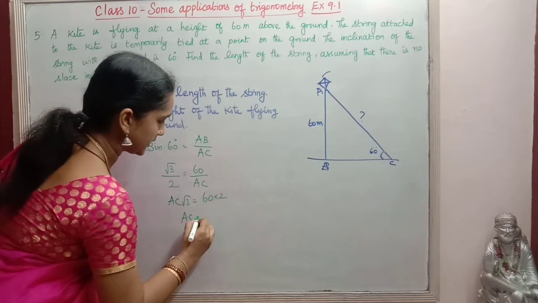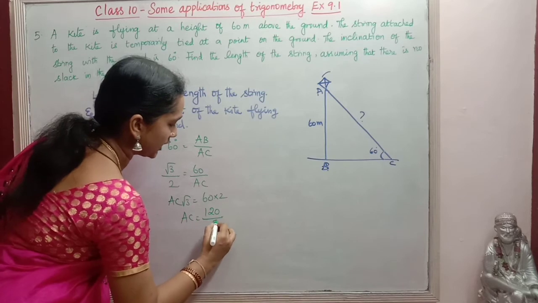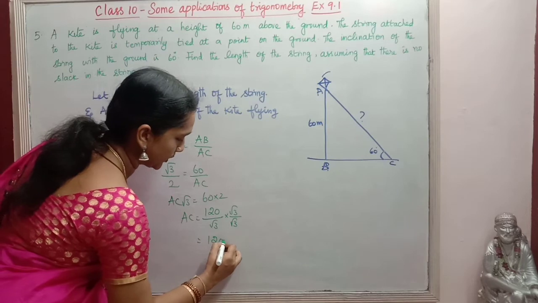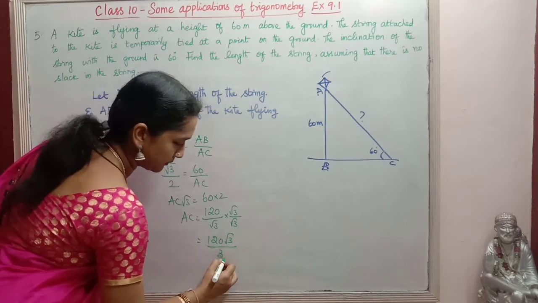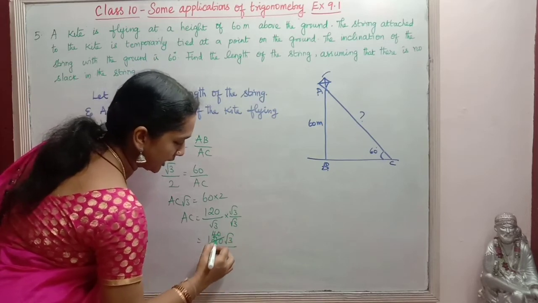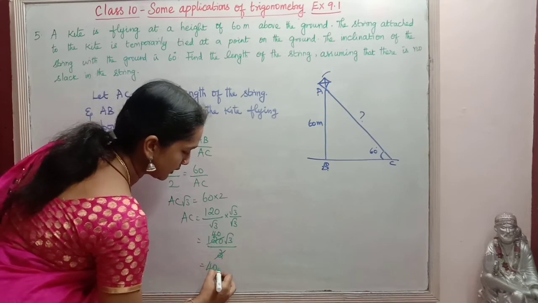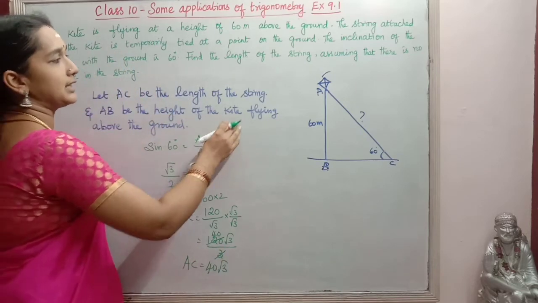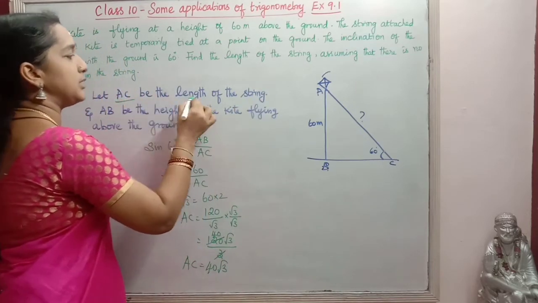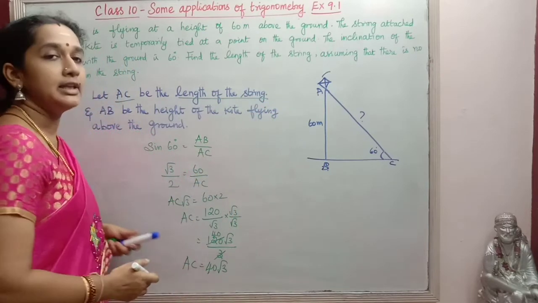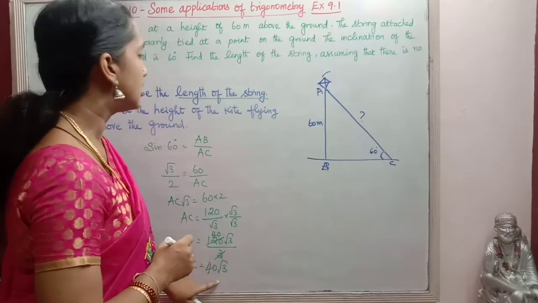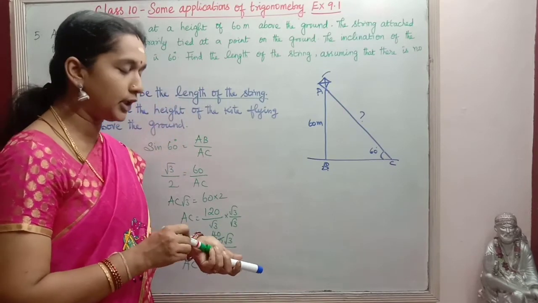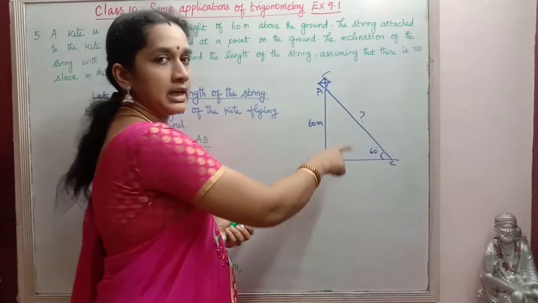So AC is equal to 120 by root 3 into root 3 by root 3, that is 120 root 3 by 3. So 120 divided by 3 is 40, and the answer is 40 root 3. AC is the length of the string, so AC is equal to 40 root 3 meter. This is the thing we are asked to find.